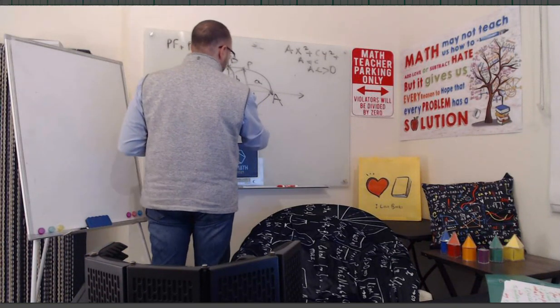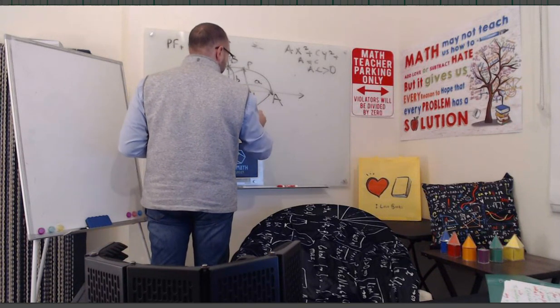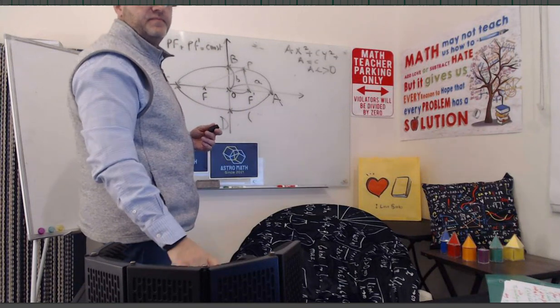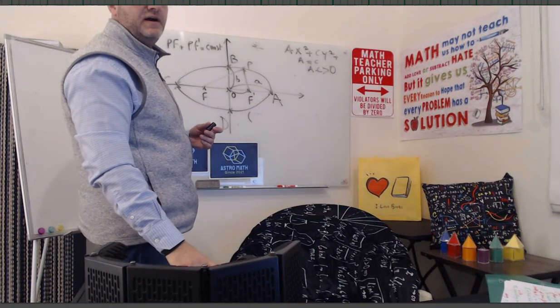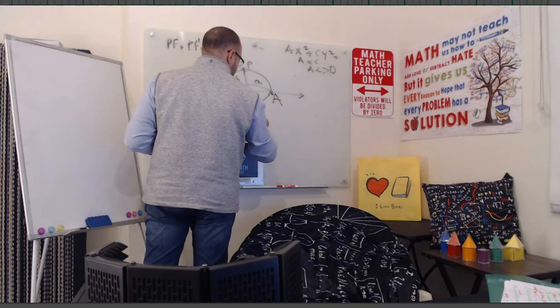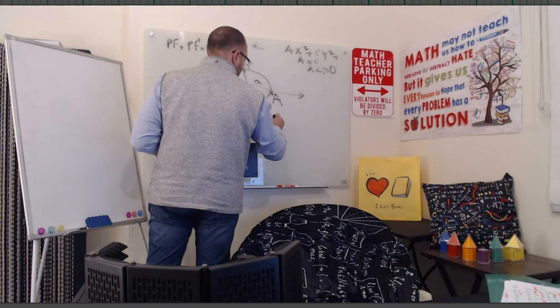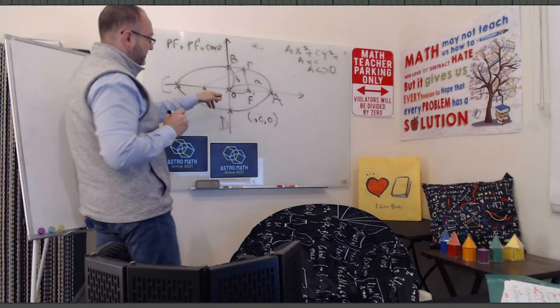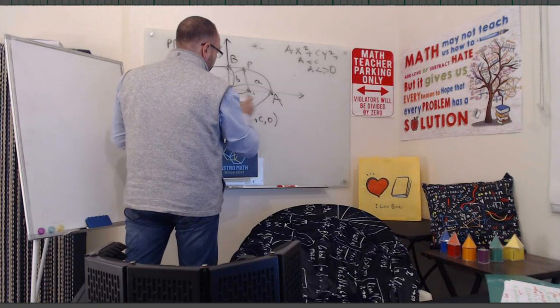Now, what is OF prime or OF? What is OF prime, James? Yes, this is plus c. So this is c, and the y is 0 in this particular situation, because it's stretched horizontally.